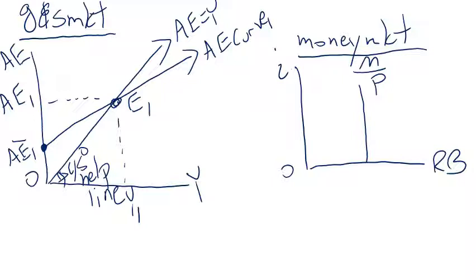P, that's the general price level, that is not in the pockets of the central bank. And for the time being, we're assuming that P, the general price level, is predetermined or constant. M over P together are referred to as the real money supply.